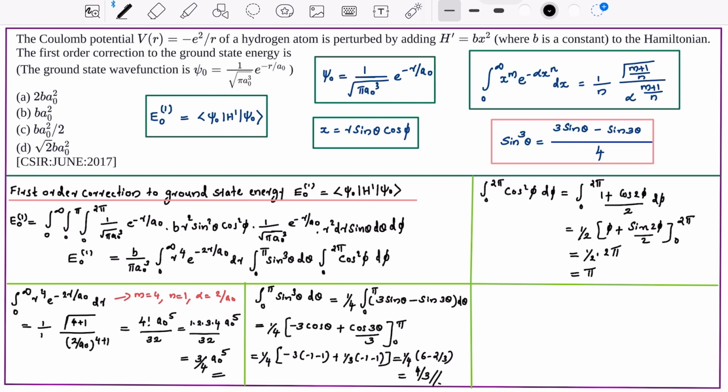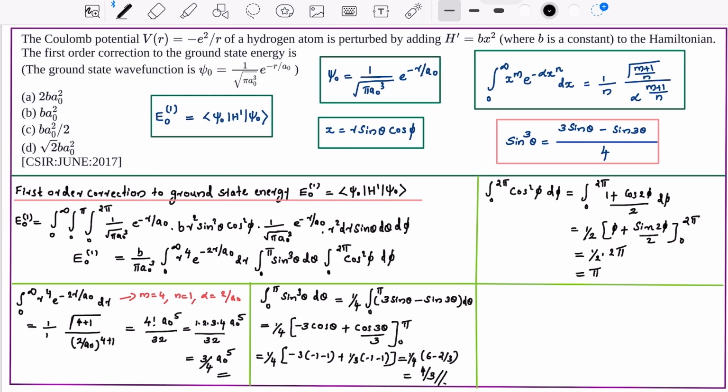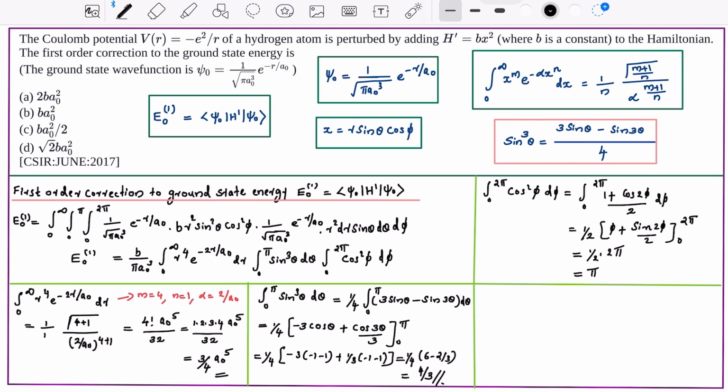Thus we have evaluated all the integrals, and let us substitute the values to get E01.